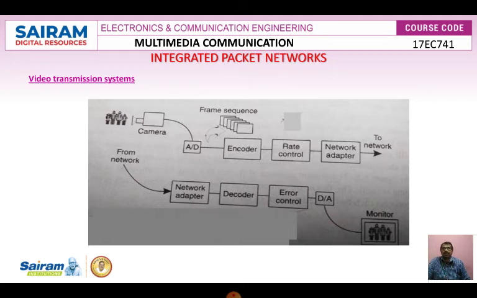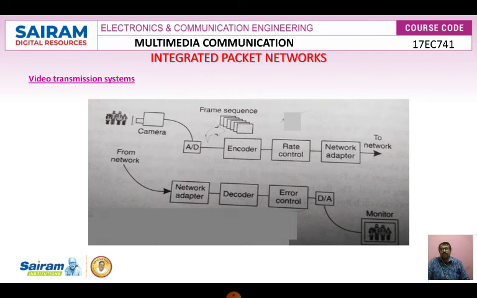The frames are composed of interlaced scannings which have fields. Those fields are composed of lines of pixels, where each pixel consists of color components.